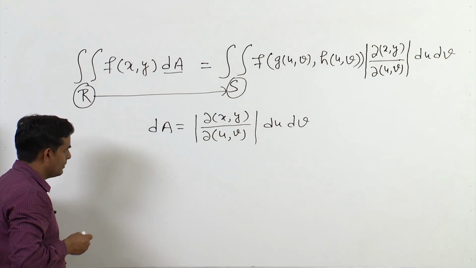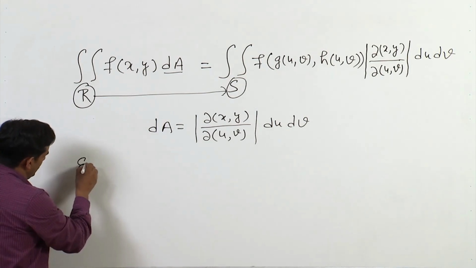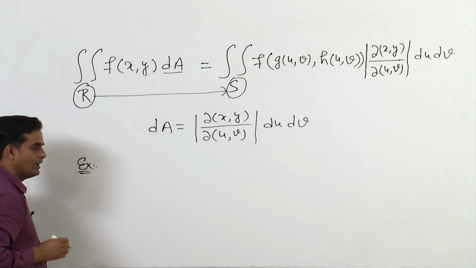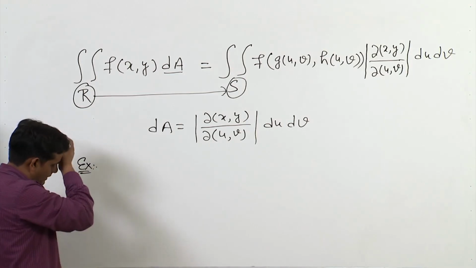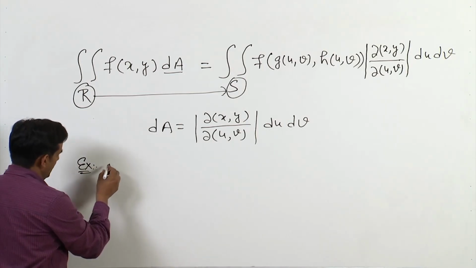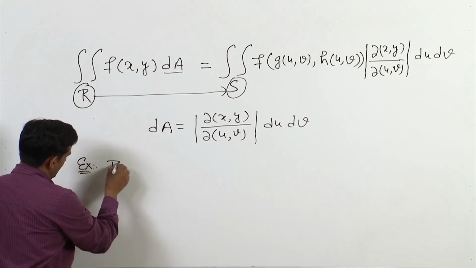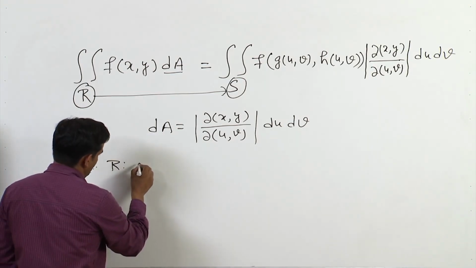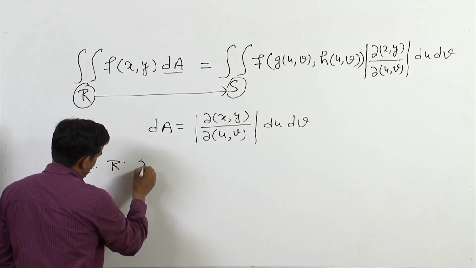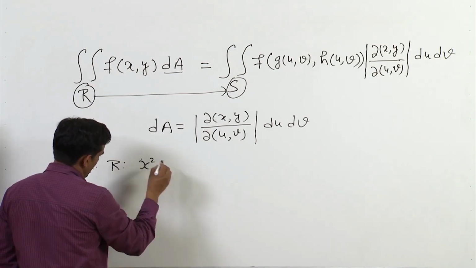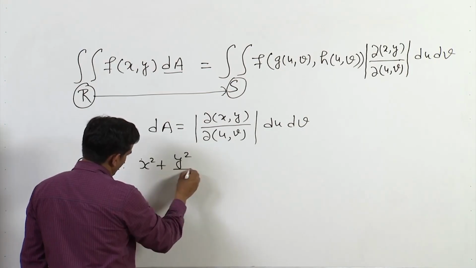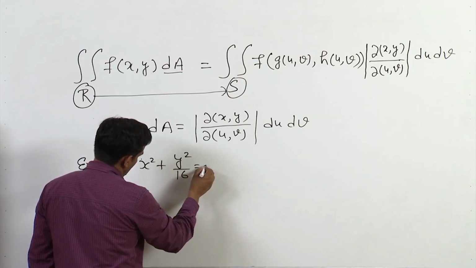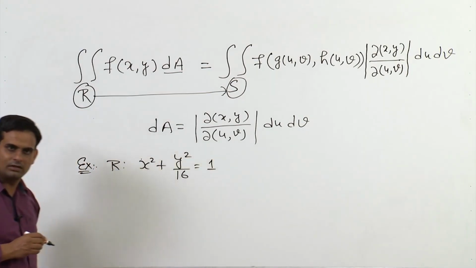For example, suppose initially I have a region R as an ellipse given by x square plus y square upon 16 equals 1.